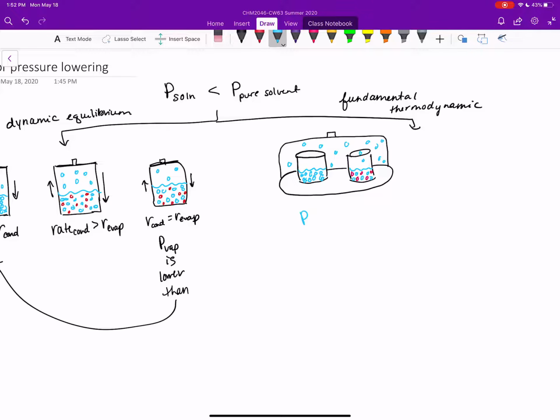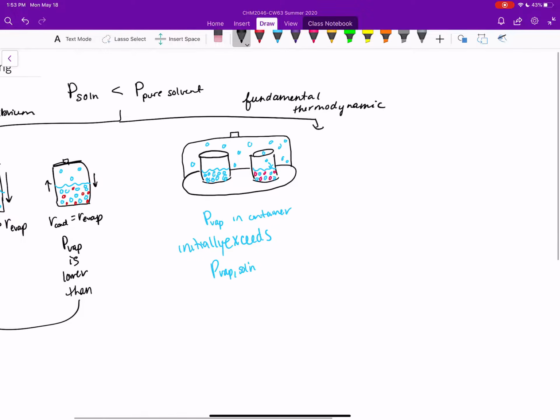So the vapor pressure in the container exceeds, initially, the vapor pressure of the solution. So what does the solution do? Well, nature has a tendency towards mixing. And so the solution will start to mix some of those solvent molecules into solution.